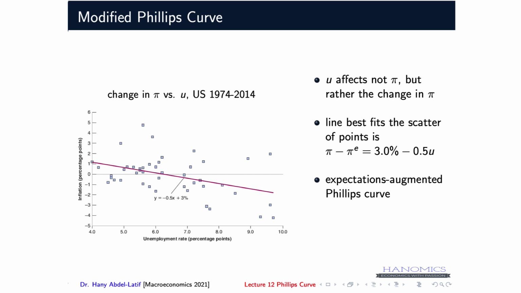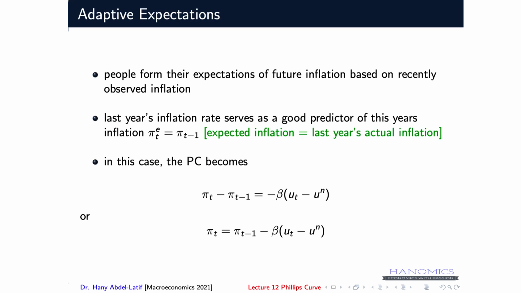So what remains to cover in this lecture is how people form their expectations and how that affects the Phillips curve, the relationship between the inflation rate and the unemployment rate. One way to think about this is that people form their expectations of future inflation based on what they have recently observed about inflation.